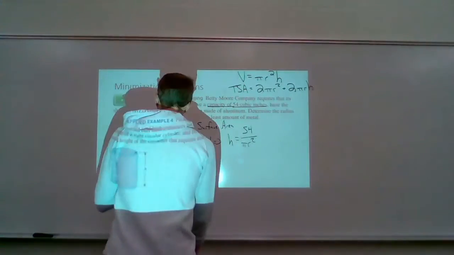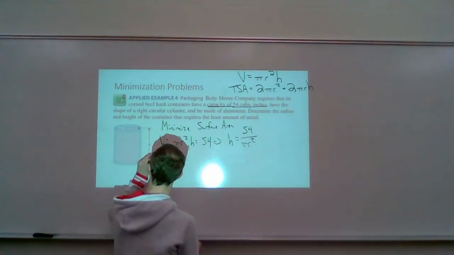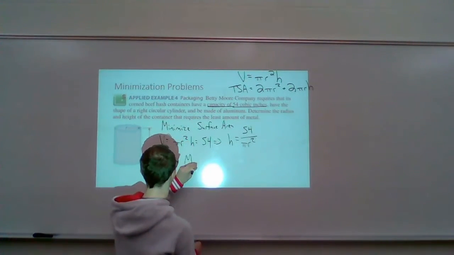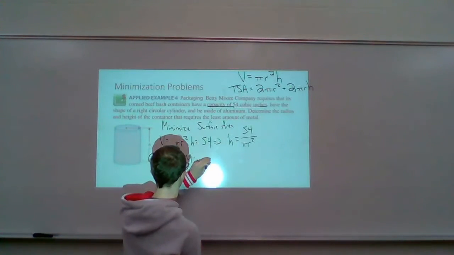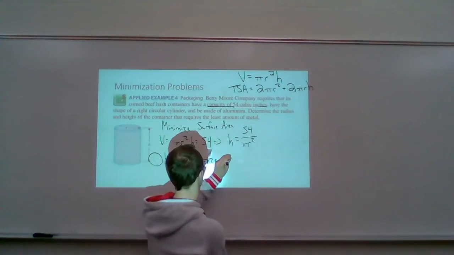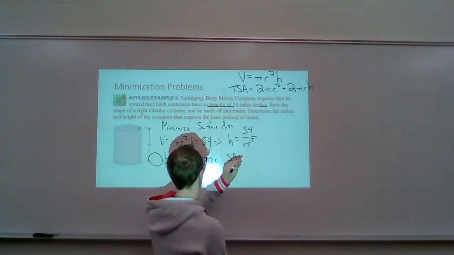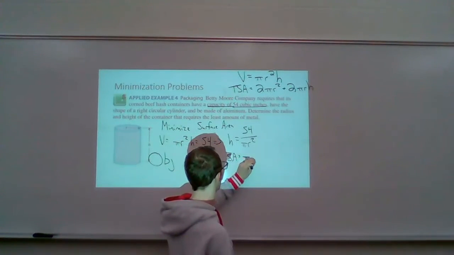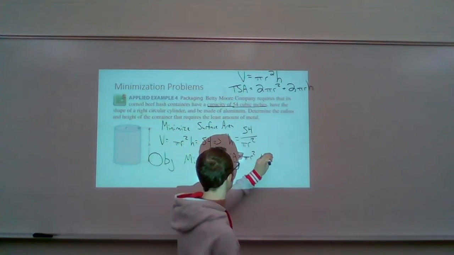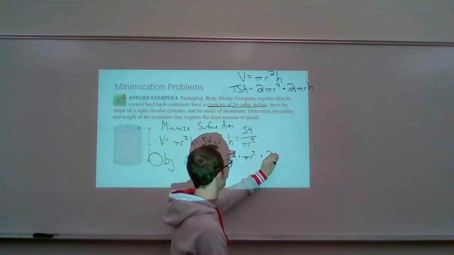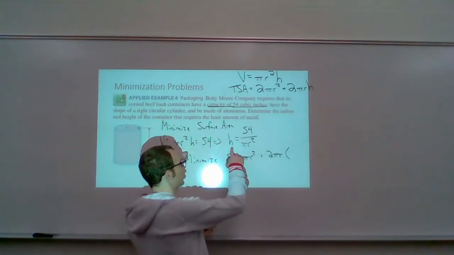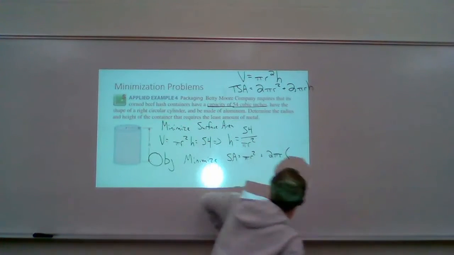So we want to minimize the objective here, which is to minimize surface area, which is equal to pi r squared plus 2 pi r, and we'll replace the h here with 54 over pi r squared.